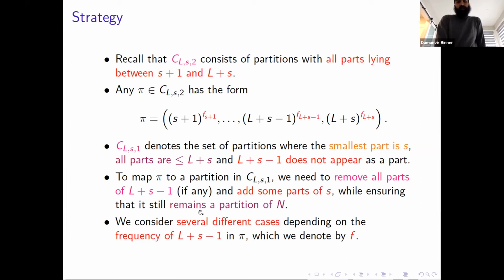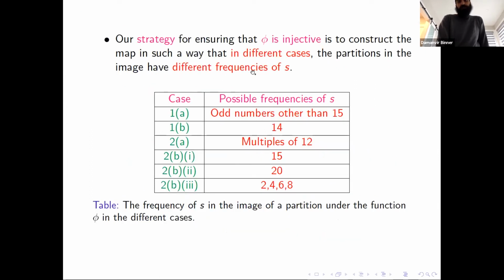So to define our map, we consider several different cases depending on the frequency of L plus s minus 1 in pi. For brevity, we denote this frequency by f. Our strategy for ensuring that the map phi is injective is to construct it in such a way that in different cases, the partitions in the image have different frequencies of s. As shown in the table, in all the different cases, the frequencies of s come from disjoint sets.